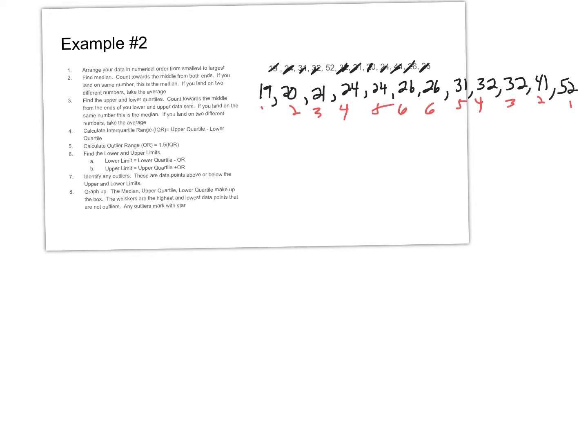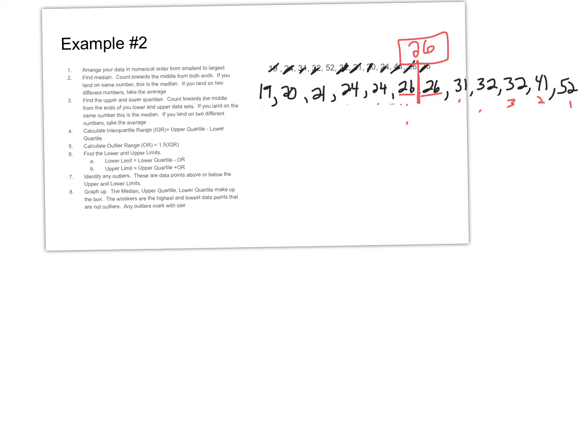However, in an ironic coincidence, if I average 26 plus 26 divided by 2, I still get 26. But again, because I didn't land on the same number per se, these 26s here and here are going to go back into the data mix for my upper and lower limit. If I did land on the same 26, then that's my median and we have to take it out. Okay, so there's my median.